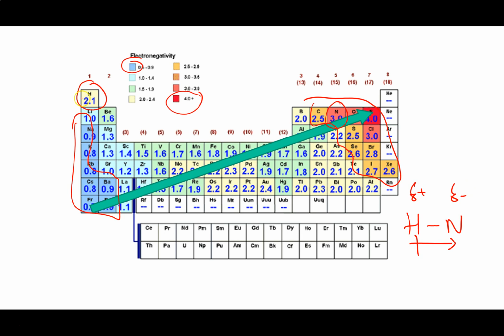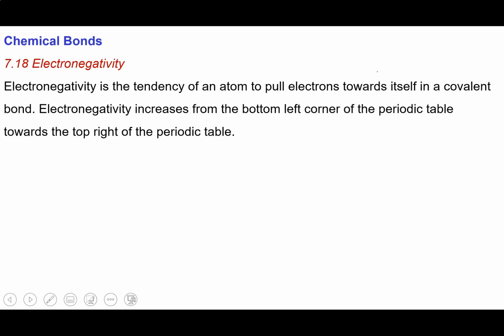You can see there's a difference here. Nitrogen is 3, hydrogen is 2.1, a difference of 0.9. So electronegativity is the tendency of an atom to pull electrons towards itself in a covalent bond. Electronegativity increases from the bottom left corner of the periodic table towards the top right corner.